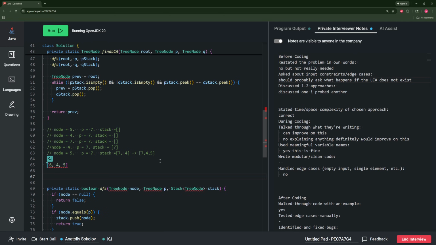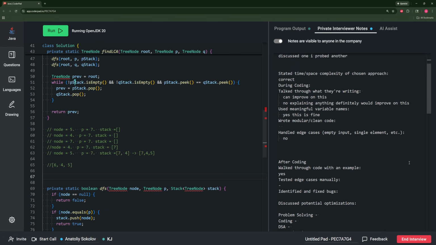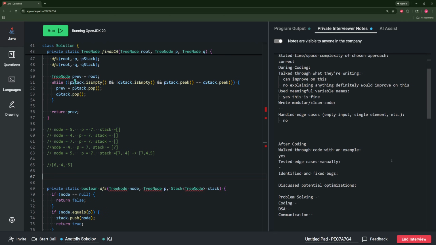And after that, I'm keeping track of a previous tree node in order to find the LCA. Now, in the while loop, I check if either of these stacks are empty, and the idea is to keep popping from both stacks until the top value is not equal.